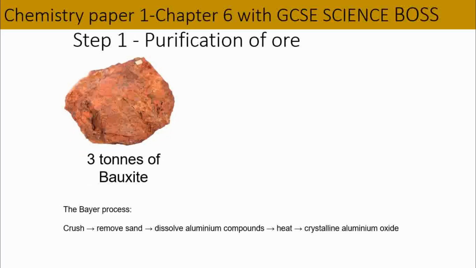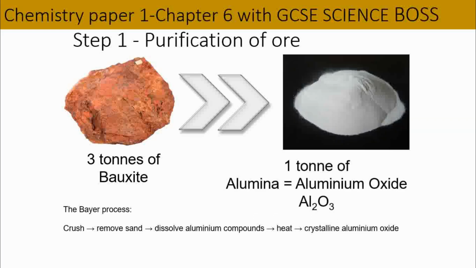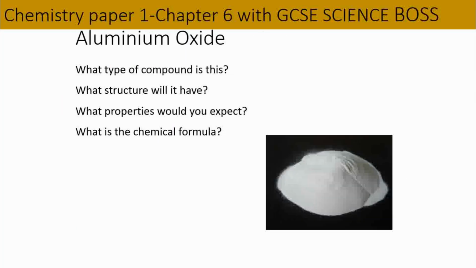Okay, so 3 tons of bauxite, fun fact, actually make 1 ton of aluminium oxide, which you can see is a solid. But if we try to carry out electrolysis on this, it's not going to work, because the ions are not able to move, therefore we need to melt it. Now, as you can imagine, this compound is an ionic compound. How do I know it's ionic?